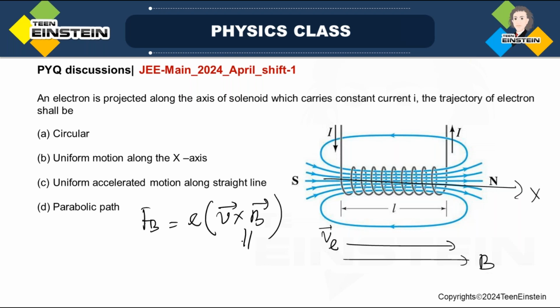Since the angle between them is 0, this force is 0. So circular motion will not be there, parabolic motion will not be there, and uniformly accelerated motion will not be there, since there is no force acting on it. So it is uniform motion along the x-axis.